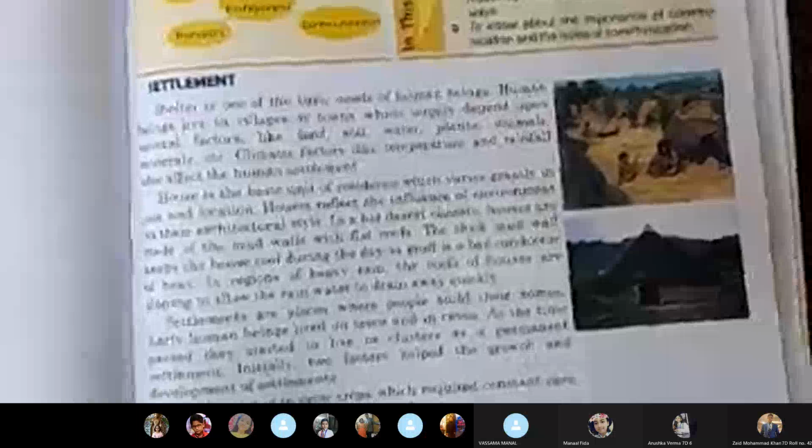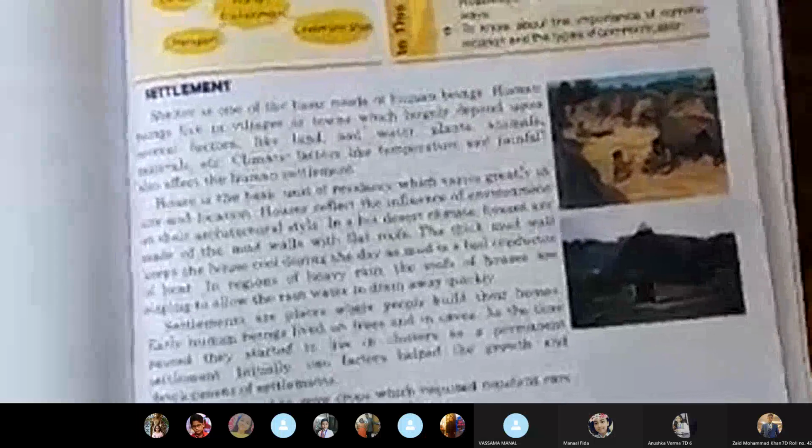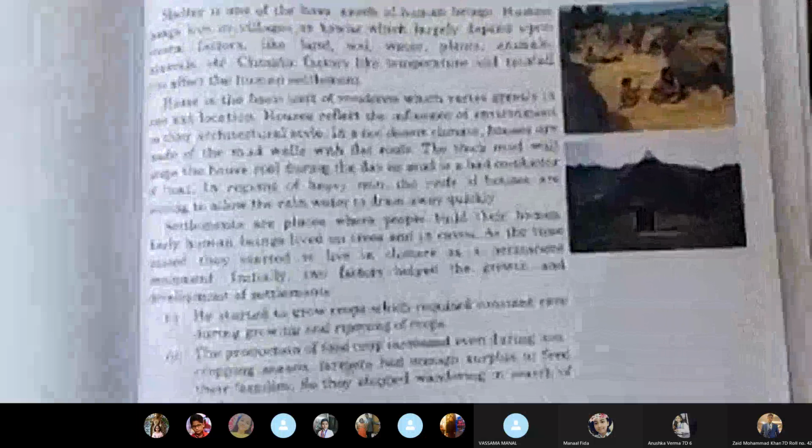Settlement is one of the basic needs of human beings. As we all know, we all need somewhere where we can settle down.